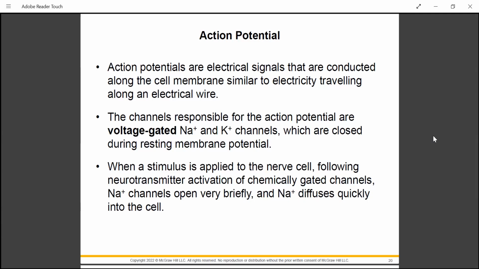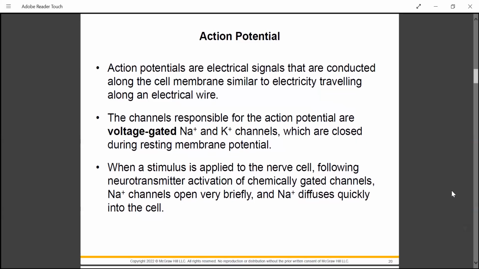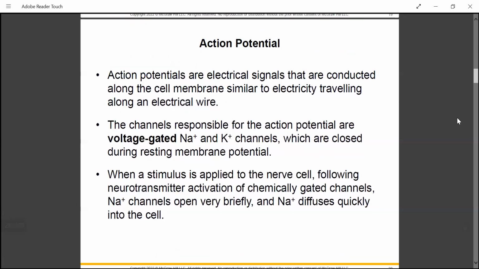They're just waiting. So when a stimulus actually gets to the nerve, what happens is, and let me backtrack for just one second, let me discuss resting potential just a little bit more. So at rest, if you think back to our earlier chapter where we talked about active versus passive transport, we talked about the sodium potassium pump as one of our active transport examples.